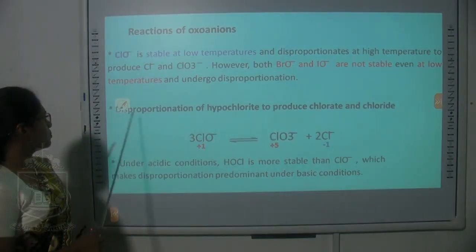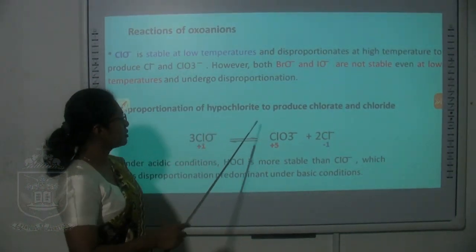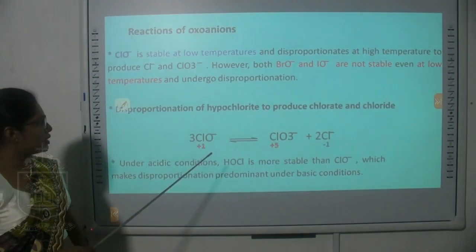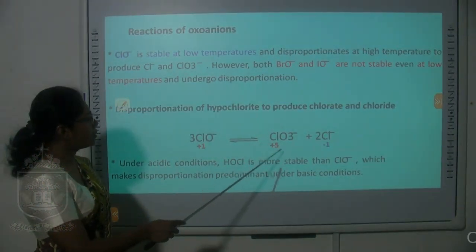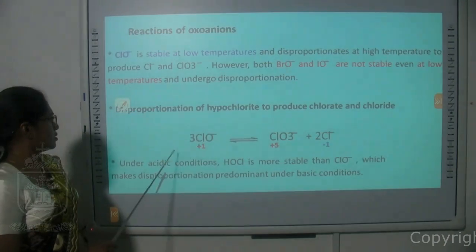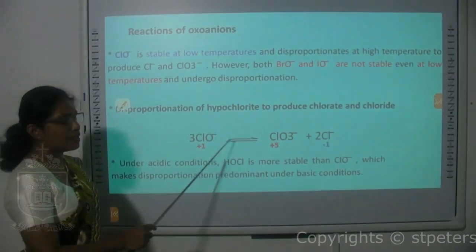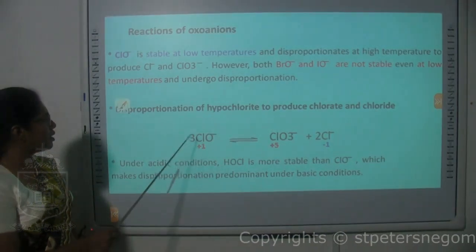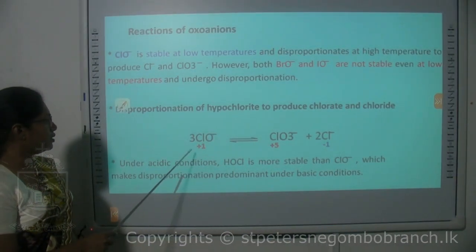This is the disproportionation reaction of hypochlorite. In disproportionation, hypochlorite produces the chlorate ion. Here also, chlorine oxidizes and reduces at the same time, and so shows the disproportionation reaction.